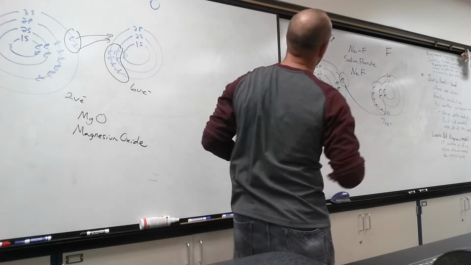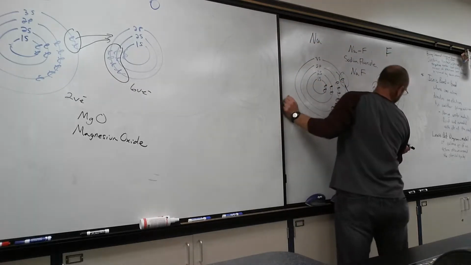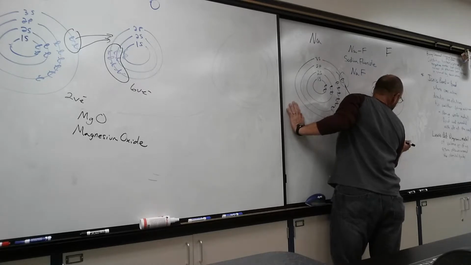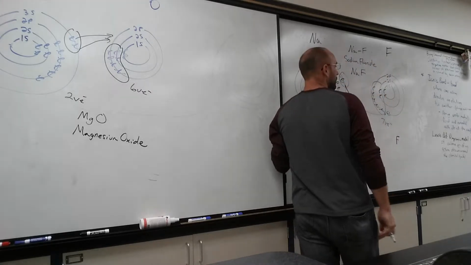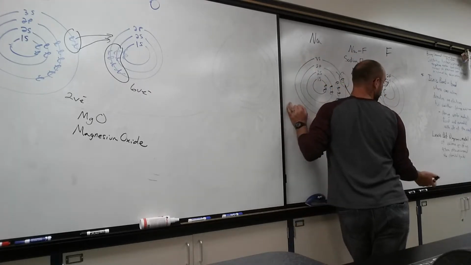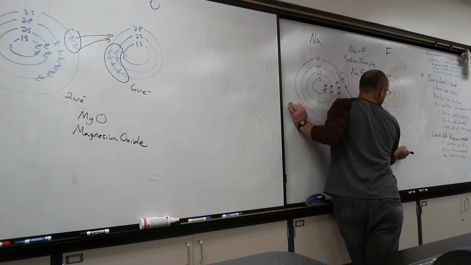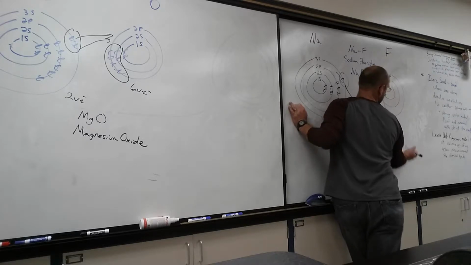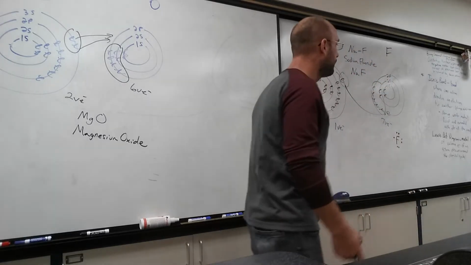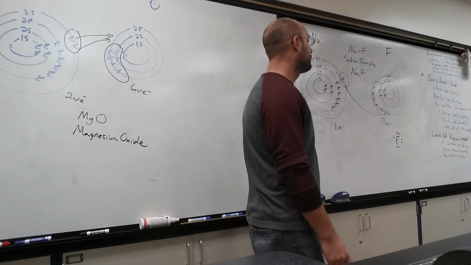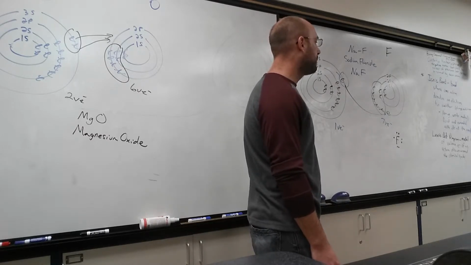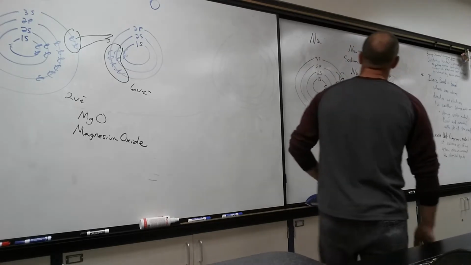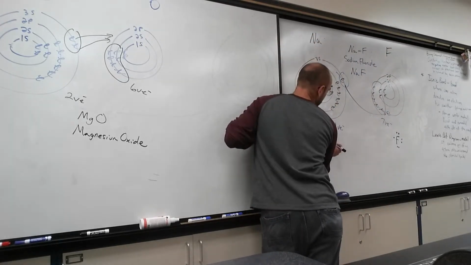So, for instance, if I was doing fluorine, I write the chemical symbol, which is just F. How many valence electrons are on fluorine? 7. So I do top, bottom, right, left, top, bottom, right. 7 valence electrons. Fluorine. How about for sodium?